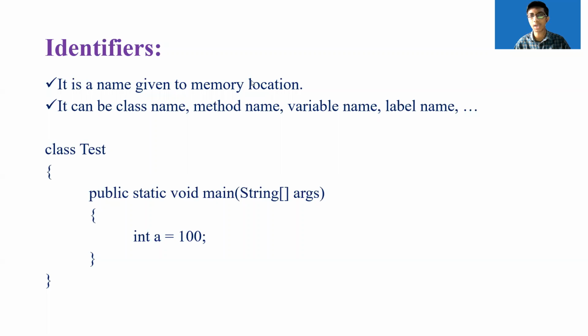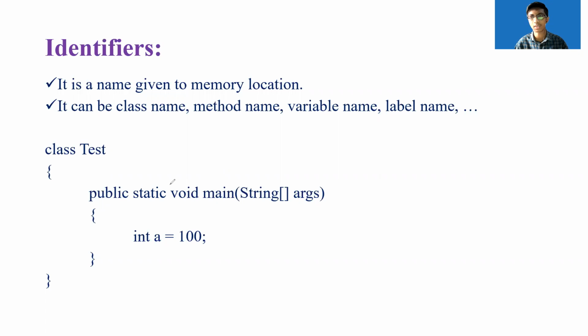An identifier can be a class name, a method name, a variable name, or a label name. So far, what I discussed is a variable name, which is also called an identifier. Now see here, class Test means my class name is Test. And we know that every Java program will execute from the main method.